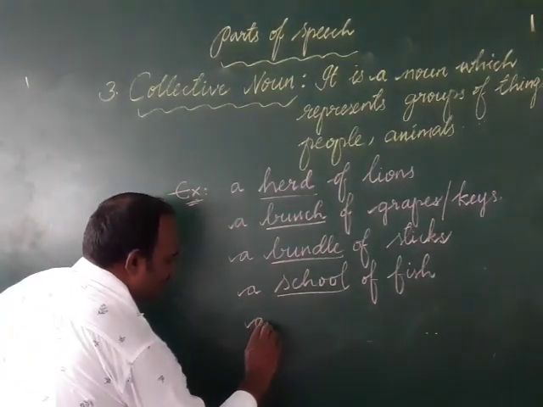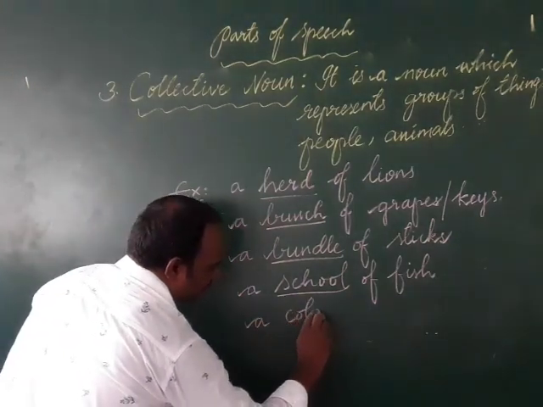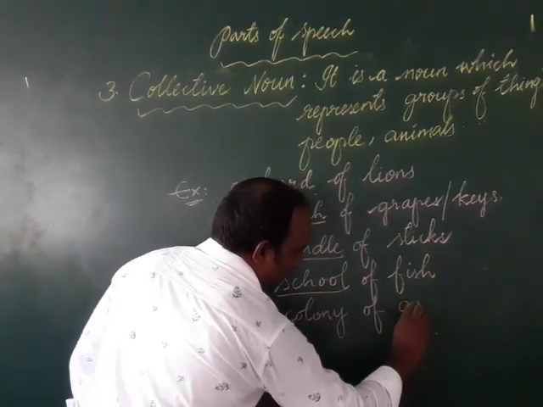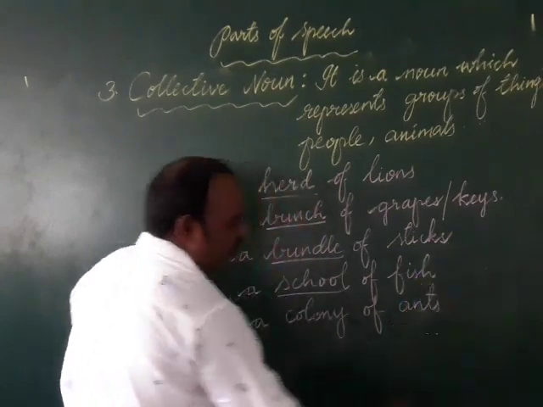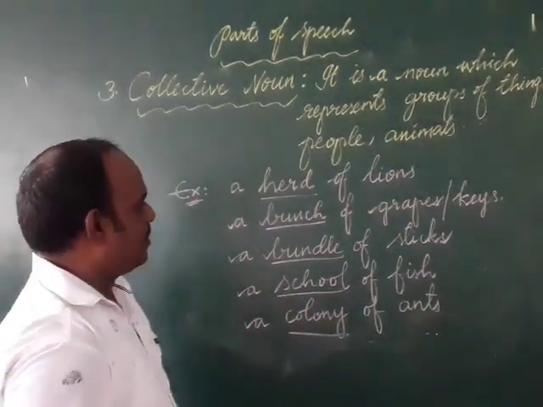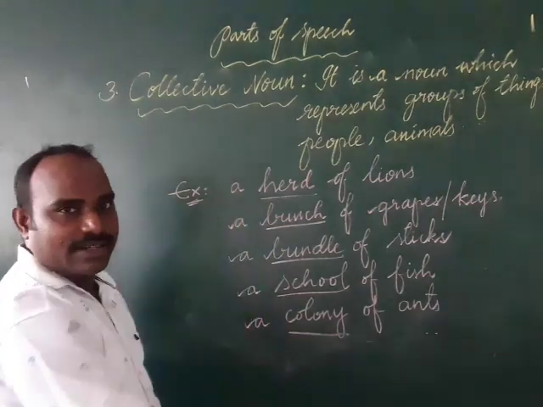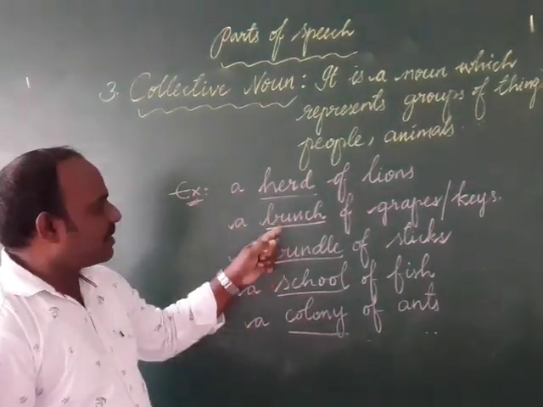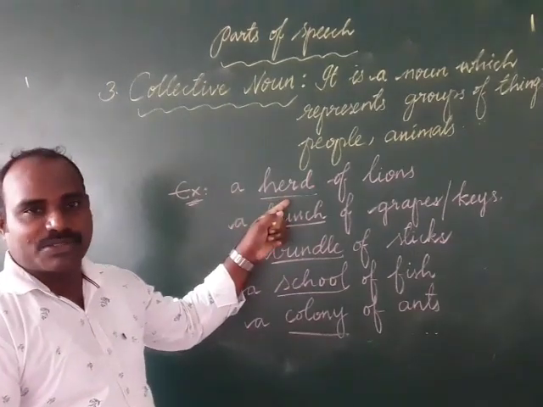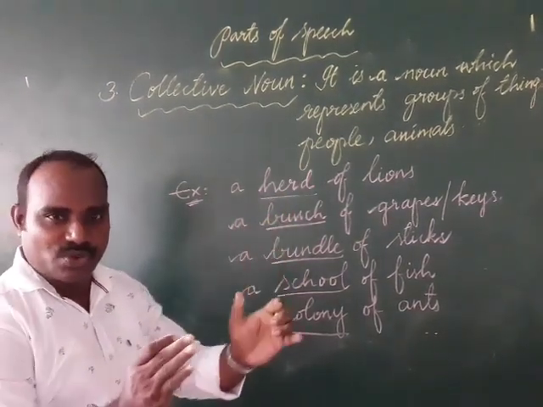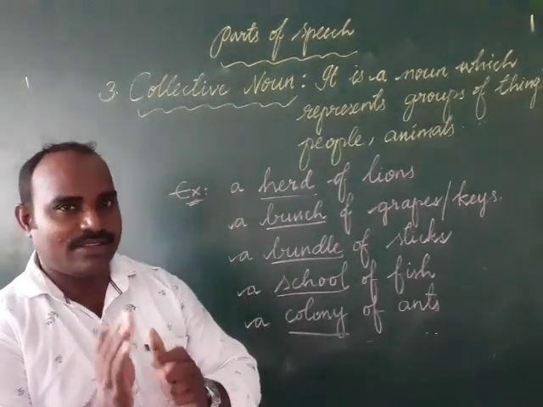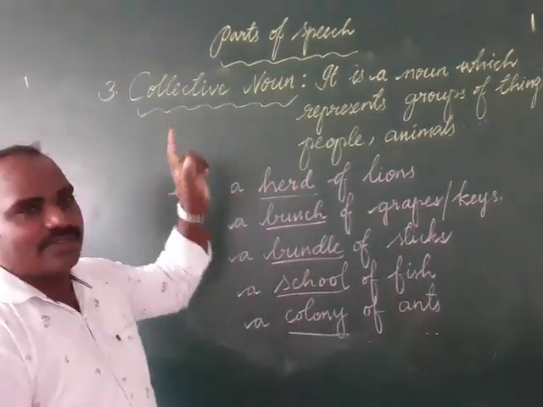Another one, a colony of ants. A group of ants can be called a colony. Look at all these underlined words. These are collective nouns. Collective means groups of people, groups of things, or groups of animals together, working or functioning as a whole unit, is called a collective noun.